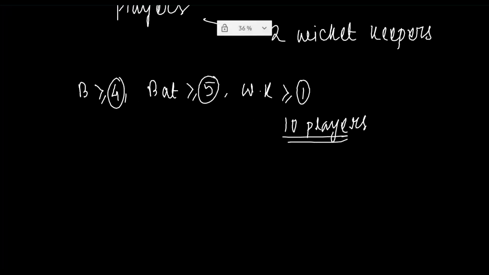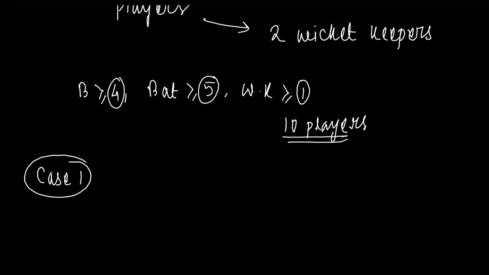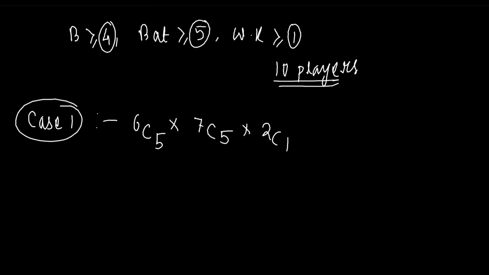Considering case 1, suppose I take a bowler extra, that means I take 5 bowlers from the 6 bowlers. Now it becomes 11 players. That means in the other groups we take the minimum number of batsmen and wicket keepers. So it will be 7C5 into 2C1. Okay, this is the first case, in which we have taken 5 bowlers.